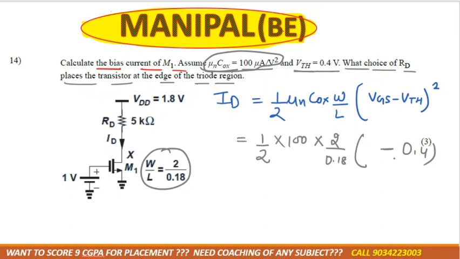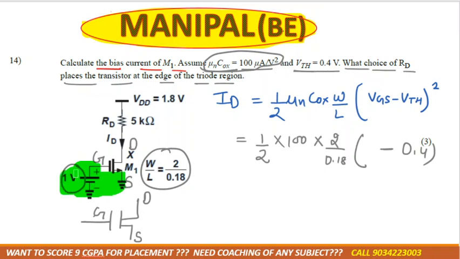VTH is 0.4. Okay, VGS is basically the gate to source voltage. So it's a source, it's a gate and it's a drain, right? This one is the gate used for controlling, this one is the source and this one is the drain. So as you can see, the voltage between gate to source is how much? 1 volt they have mentioned.